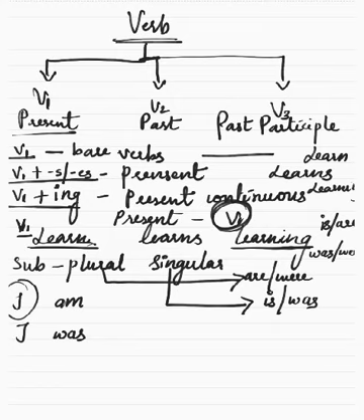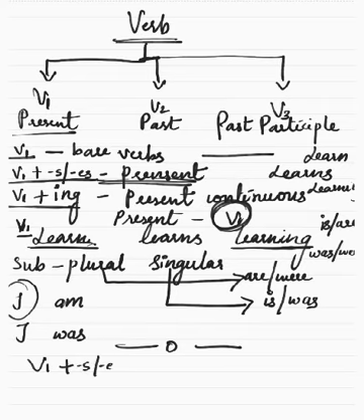Now I'm going to emphasize more on V1 plus s or es. Let's learn further. V1 plus s or es is actually present tense. Why are we adding s and es to the verb?